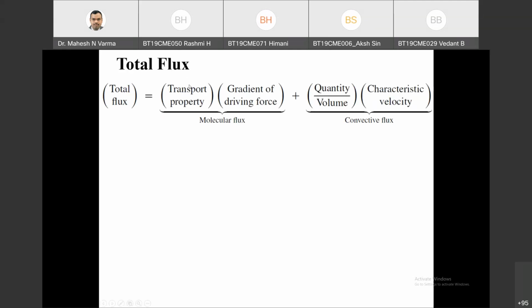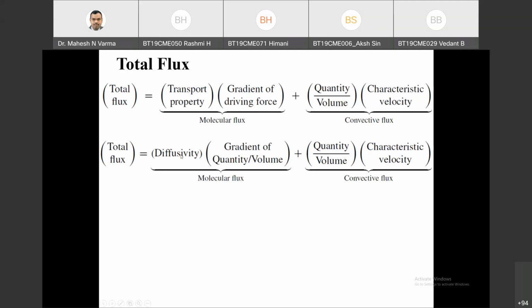This will be a transport property into gradient of driving force plus quantity per unit volume into characteristic velocity. This together we have a more generalized equation, that is the diffusivity into gradient of quantity per unit volume divided by molecular flux, and this will be quantity per unit volume into characteristic velocity. Everybody got this?